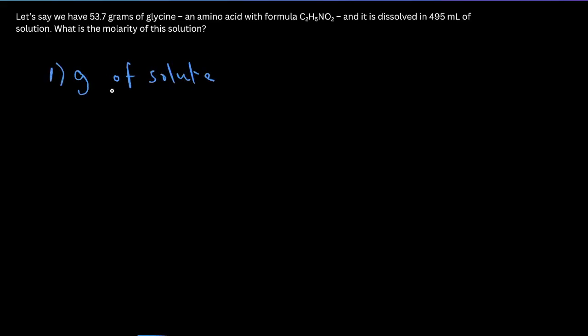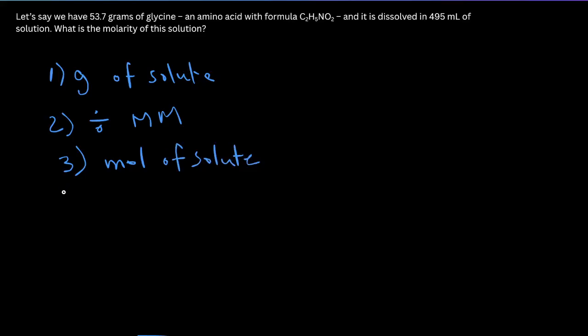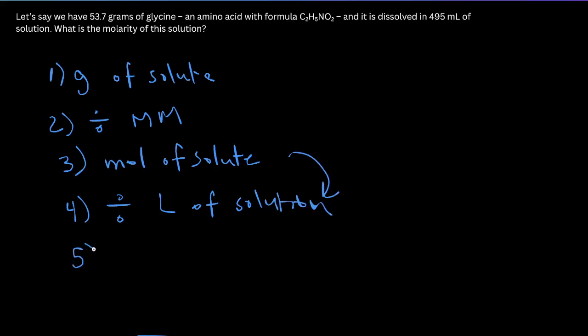Remember how I was just stating, by number 2, dividing this grams of solute by your molar mass, you will get your answer in moles of solute, right? Next, you're going to want to take this moles of solute and divide by liters of solution. You're dividing this number by liters of solution, giving your answer finally as molarity.